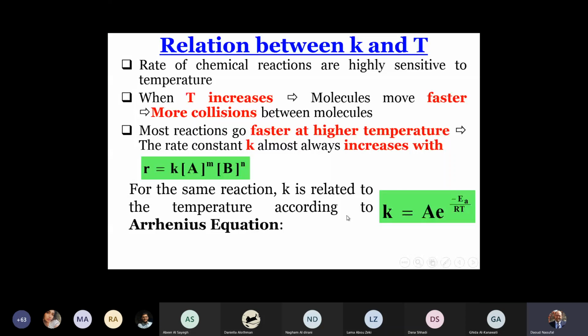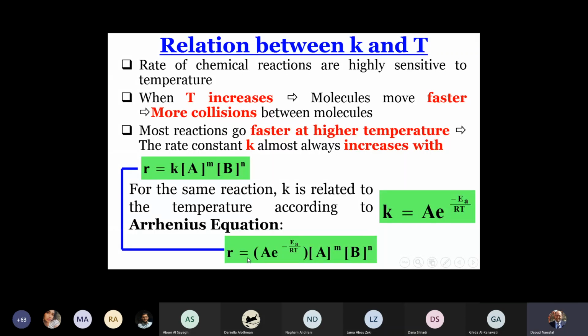In this relation, in the Arrhenius equation, we see the variation of k as a function of the temperature. I will explain what is the meaning of Ea and A. So the rate law expression is given by rate equals A, which is the steric factor, this is not the reactant A, e to the power minus Ea divided by RT times [A] to the power m, [B] to the power n.